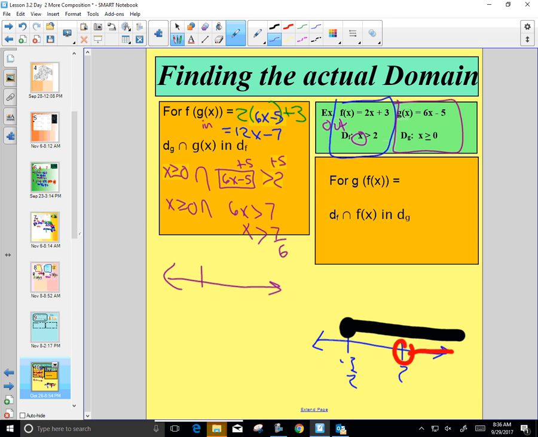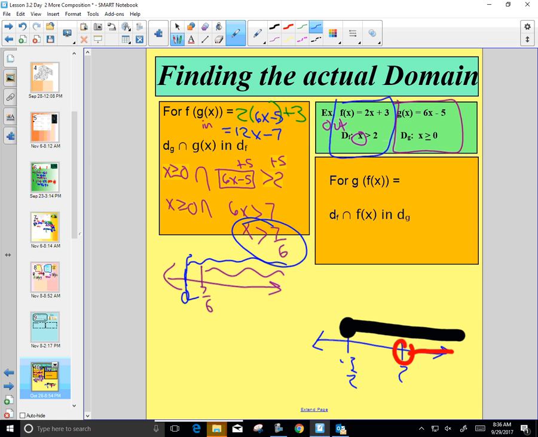Greater than 7/6. That's 1 and a 6th. X is greater than or equal, and that's this way. And then we have x greater than or equal to 0. That's here. That's this way. And the intersection is what? This guy. So that's your domain of f of g of x.